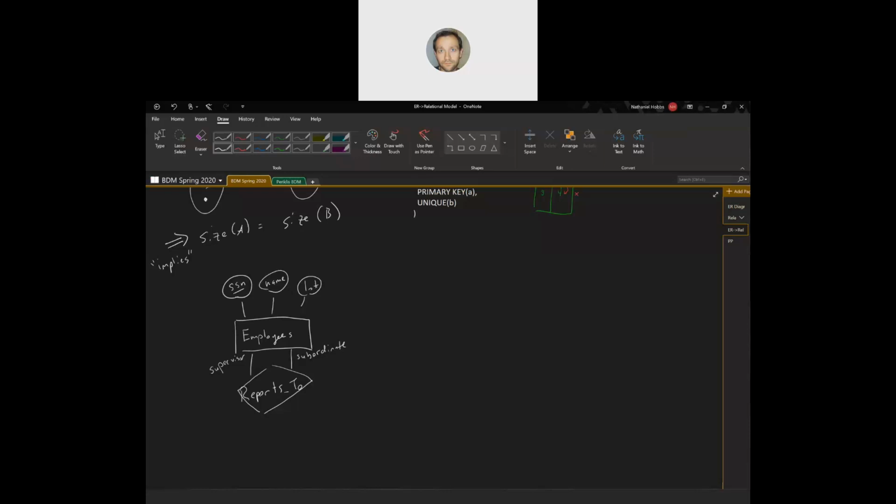Okay, so any ideas for this? How do we make this into a relation? No, that is not. If that were the case, then these participation constraints might be different.